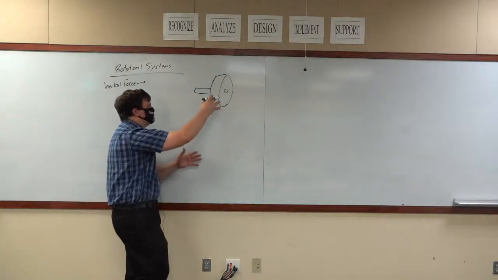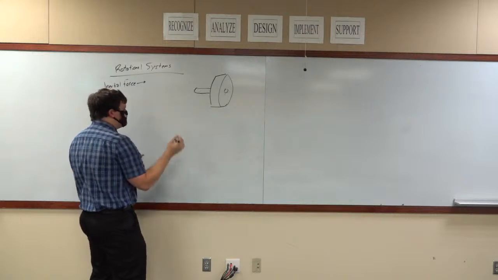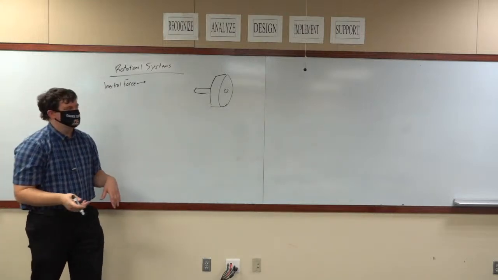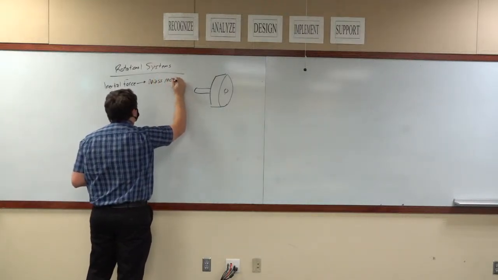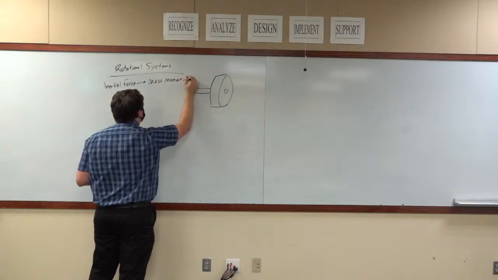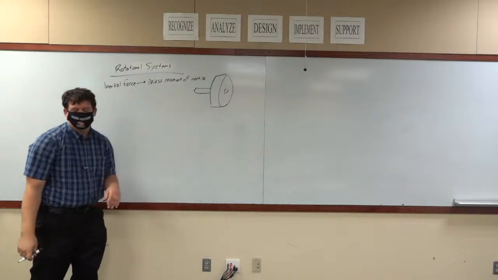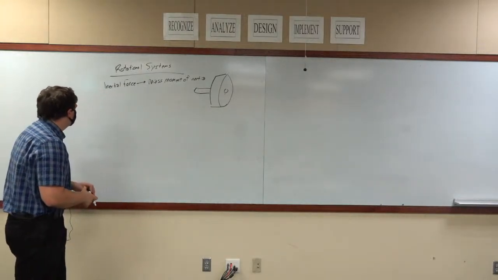So the inertial element, what makes the rotation difficult, is the rotational inertia, the mass moment of inertia.